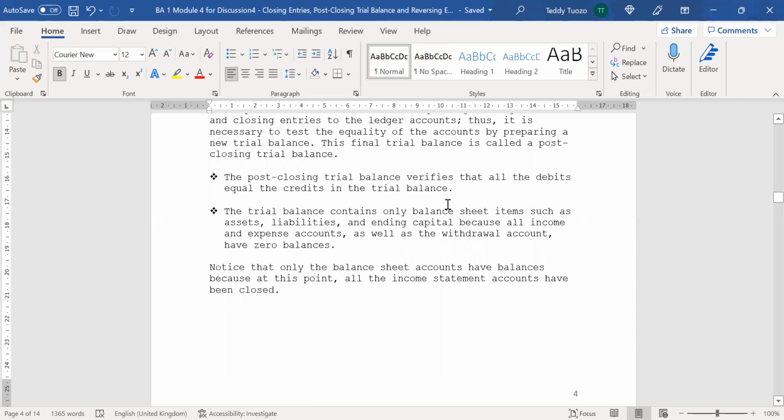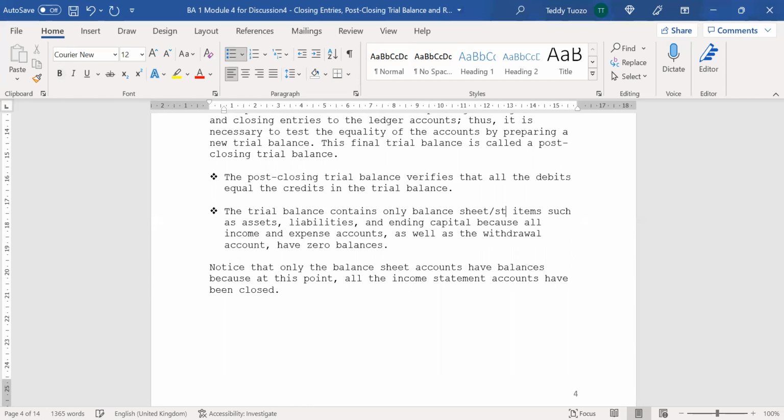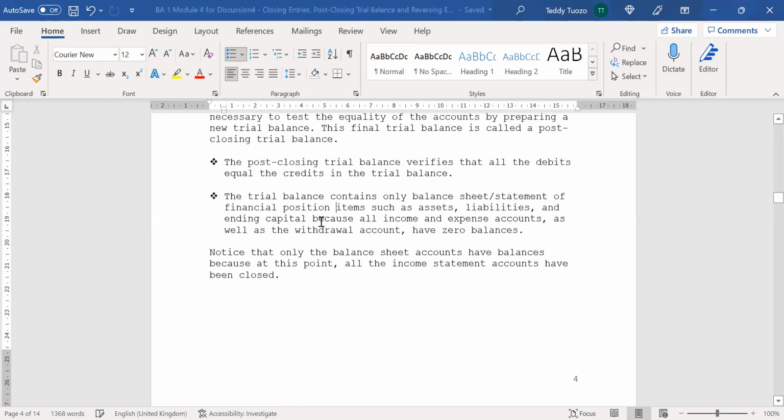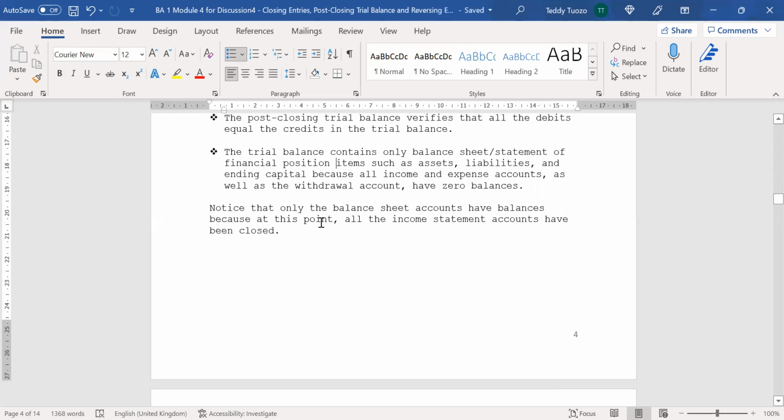The trial balance contains only balance sheet items, or statement of financial position items, such as assets, liabilities, and capital, because all income, expense, and withdrawal accounts have already zero balances. Notice that only the balance sheet accounts have balances at this point.